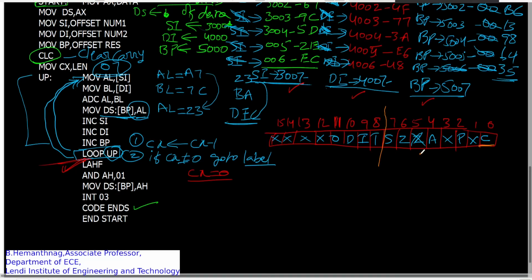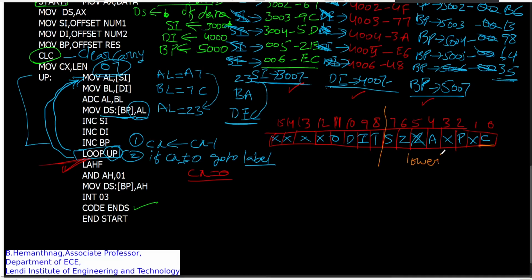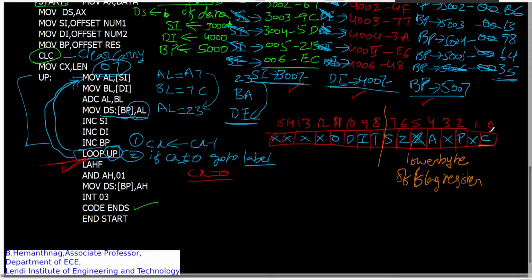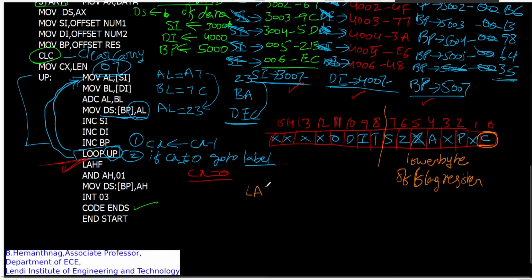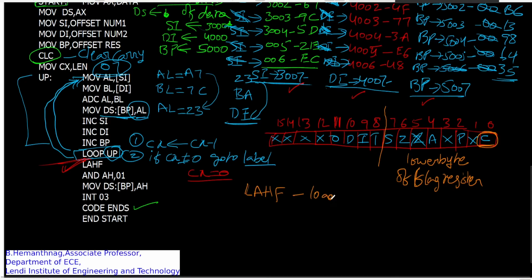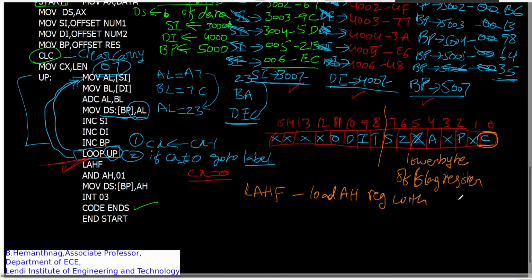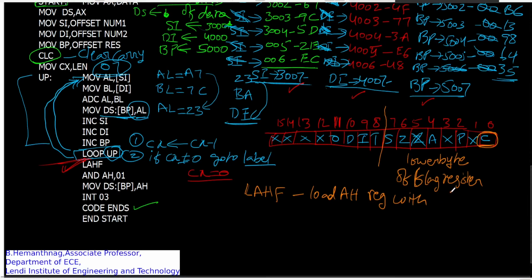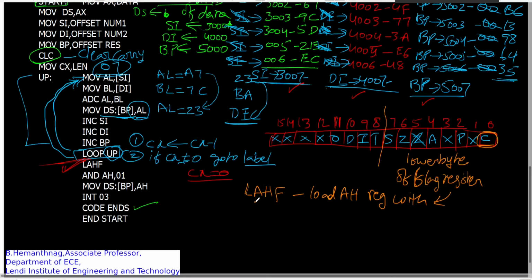So this lower byte of the flag register is to be obtained to get the information of carry. This is done by LAHF. This instruction loads the AH register with the lower byte of the flag register. This simply means that whatever these bits are will be copied into AH.